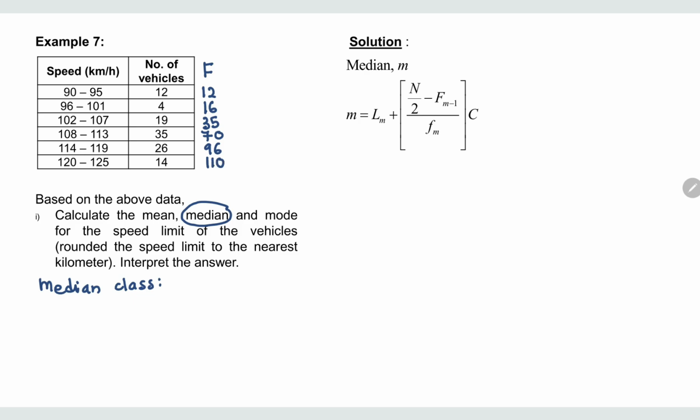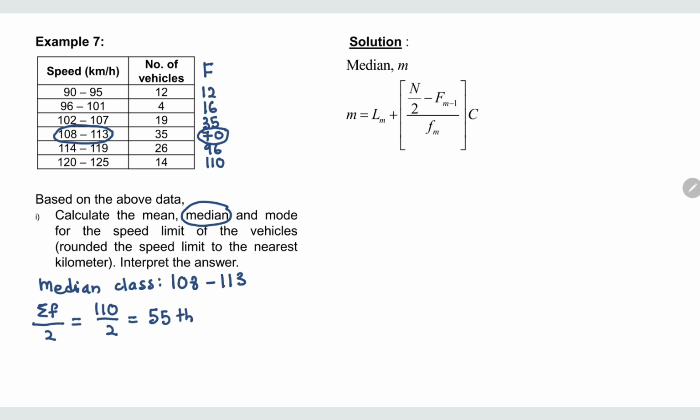The middle observation is the summation of f divided by 2, so 110 divided by 2 is the 55th observation. The 55th observation is in here, so the median class is 108 until 113 km per hour.